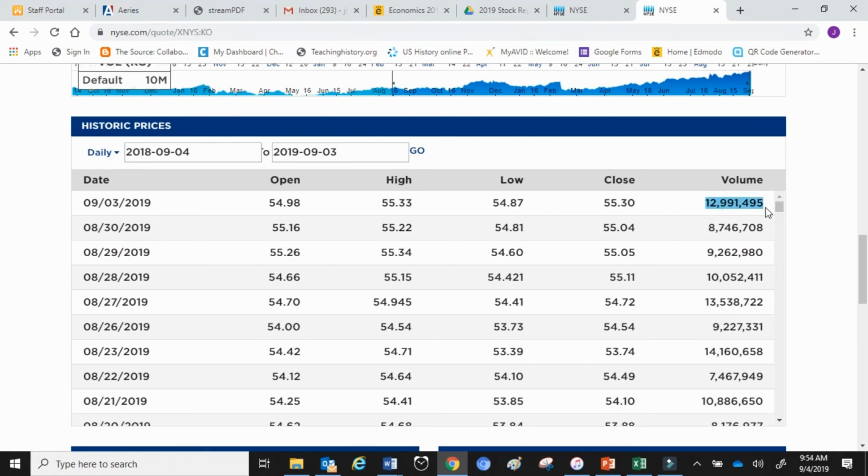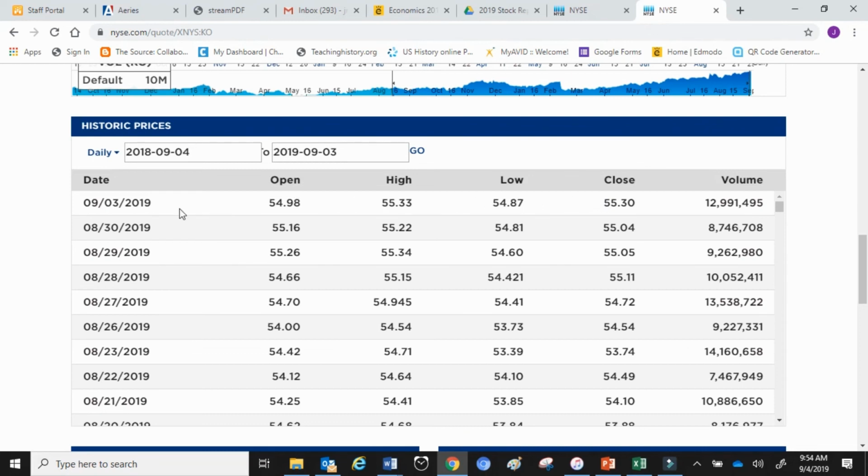Volume means how many shares were traded yesterday. 12,991,495 shares of Coca-Cola traded yesterday. That's a lot, people. But Coca-Cola also has a bunch of shares out there.